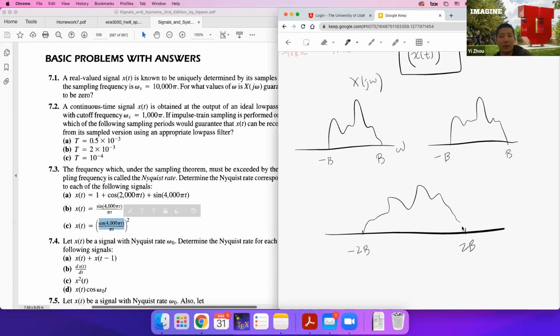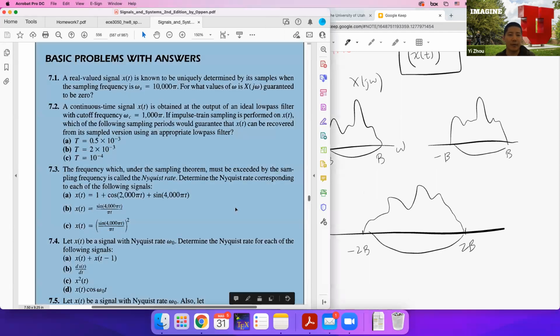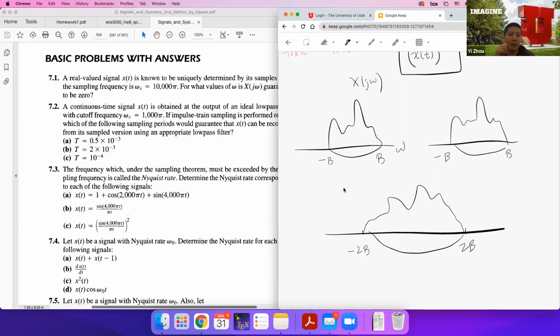So maybe this is the resulting convolution, but in any case, the length of the resulting convolution equals the sum of these two. So this will give us a 2 times bigger bandwidth. Yeah. So the conclusion is the same.